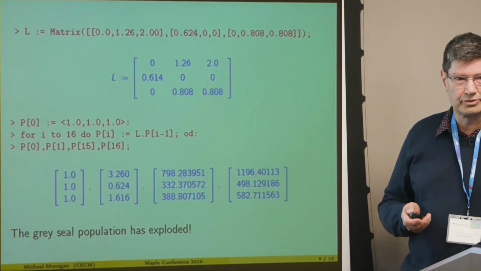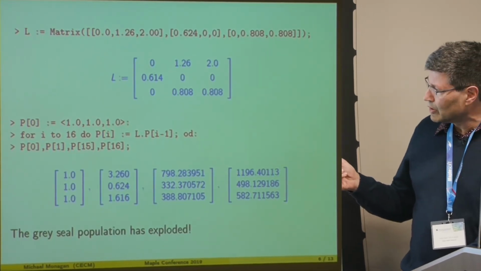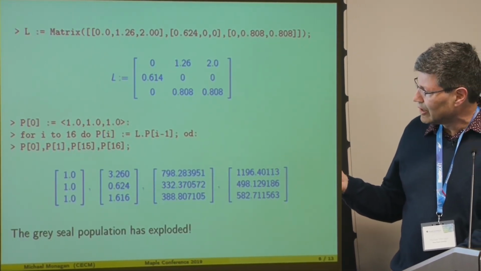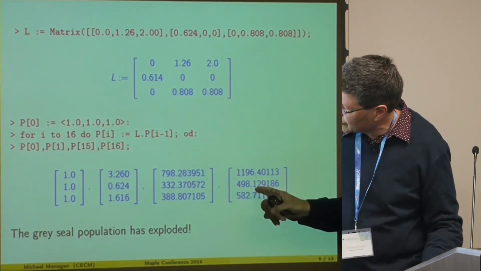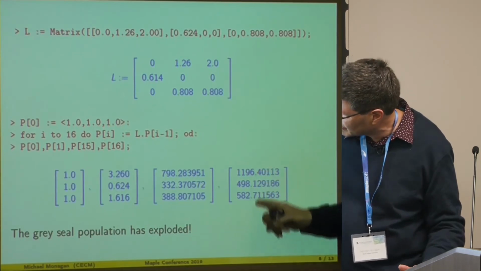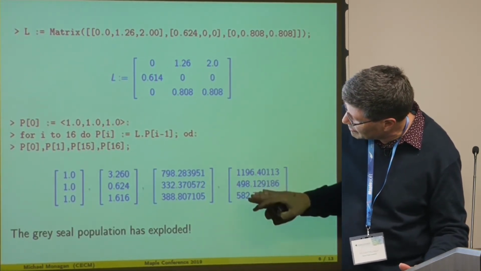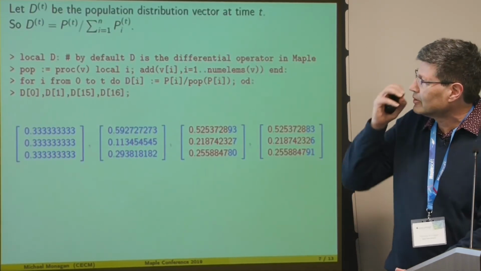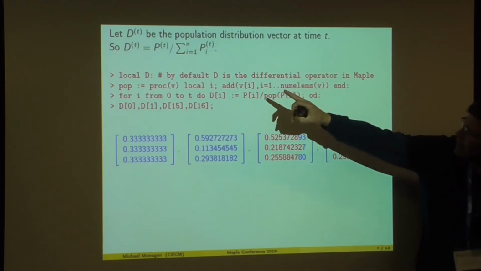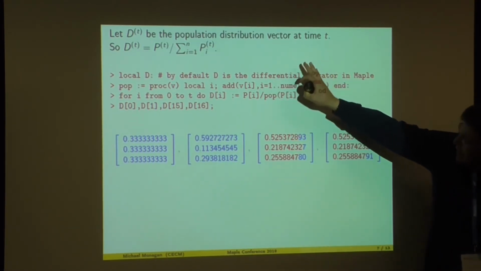The data is real. Okay, now, where are the eigenvalues and eigenvectors? Well, I'm going to convert these population vectors to distributions. I'm going to divide by the totals to find out what percentage of the seals are babies, young adults, and adults. So let capital D of t be the population distribution vector at time t.